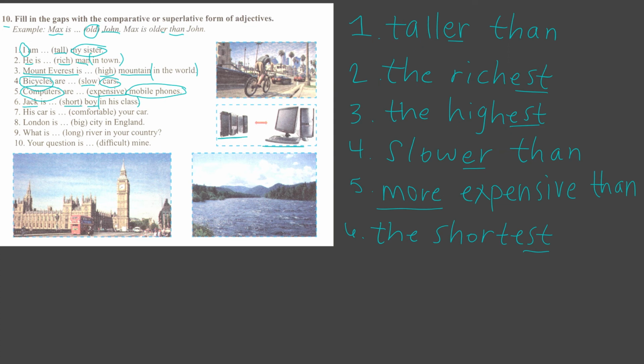Okay, number 7, his car is blank your car. His car and your car are two different cars. Two different cars. So this is a comparative sentence.